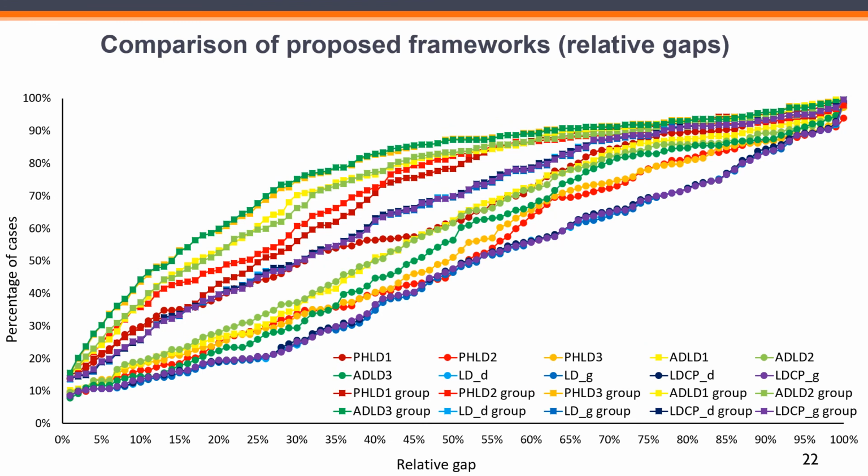And for the relative gaps, within 100 iterations, the computational experiments revealed that the proposed frameworks were able to obtain less than 1% relative gaps for nearly 16% of the test functions. And the ADLD3 group and PHLD3 group obtained the best relative gaps over all the different frameworks.